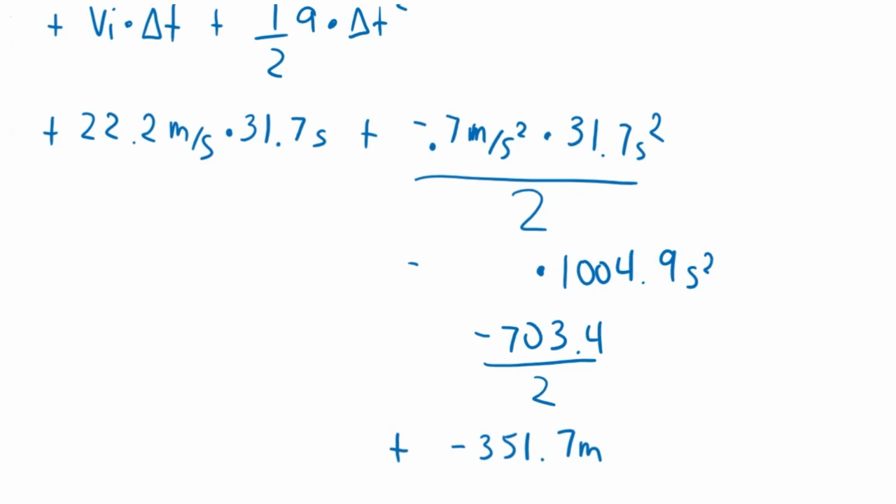So we're going to add 22.2 multiplied by 31.7. So 22.2 times 31.7 is going to be 703.7.